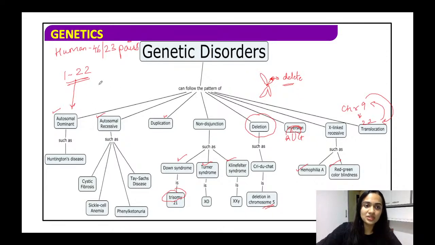By autosomes, I mean those that are associated with all the morphological characters and the working of the body, but are not related to sex determination or sex related characters. So the non-sex chromosomes are the autosomes. And the 23rd pair, that is the sex chromosome, is called the allosome. So what is autosomal dominant and what is autosomal recessive?